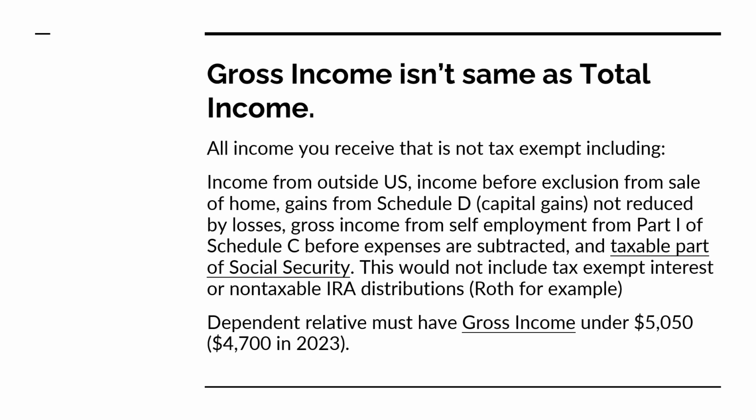It may be close to one of these others for a lot of people just because they don't have the additional bits that get added into gross income, but you should look up these rules if there's really a question, because they are a little bit different than what you might expect.